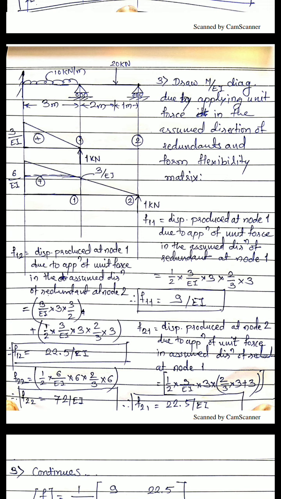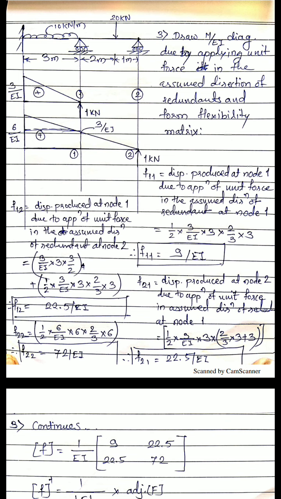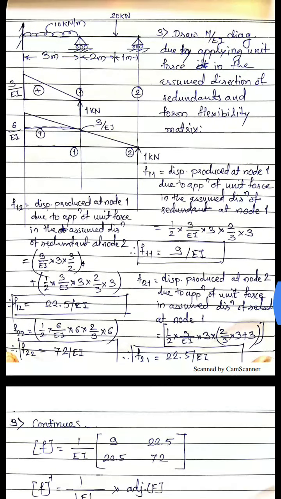Once again the area of a triangle is half into base into height, into the central distance measured from node 1 itself, that means half into base into height into 2/3 of your base, 2/3 of 3. If you add these two values, you will get F12, which will be 22.5 by EI.